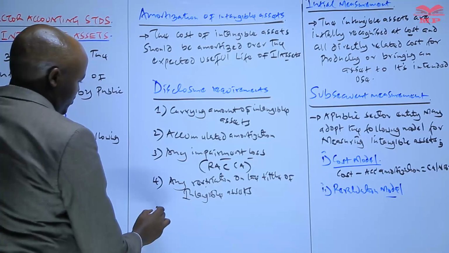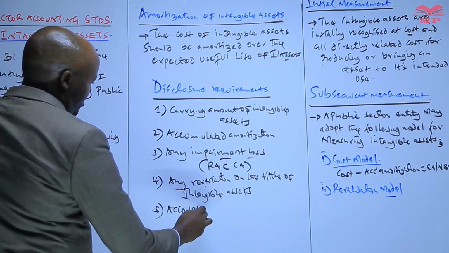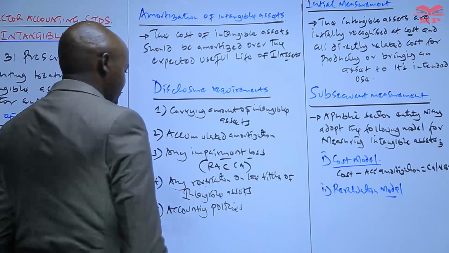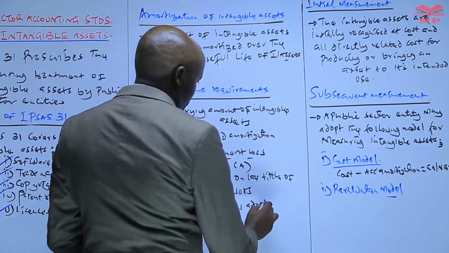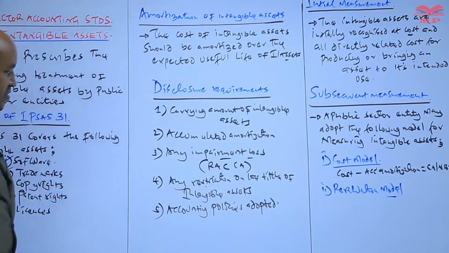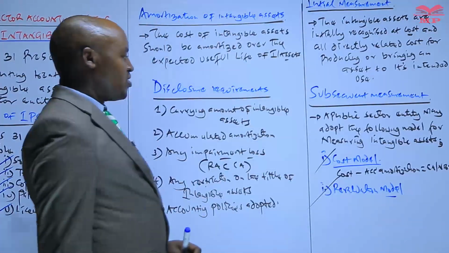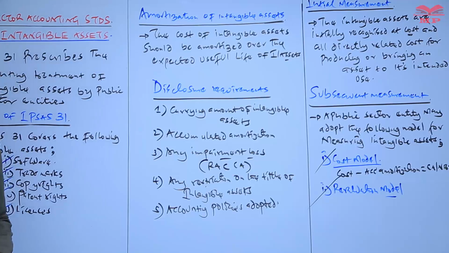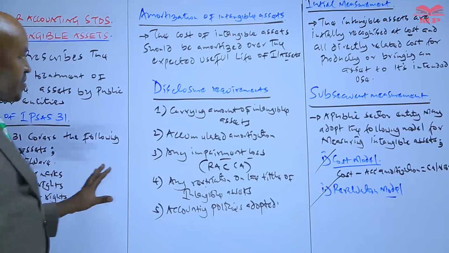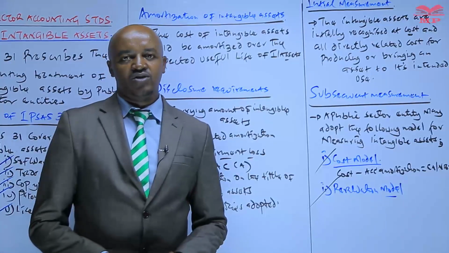And finally, the other information which needs to be disclosed is the accounting policies adopted by the public sector entity to account for intangible asset. For example, the public sector entity will need to disclose whether it is accounting for intangible asset using the cost model or the revaluation model as provided under IFRS 31. So basically those are some of the concepts you need to know as far as IFRS 31 is concerned.